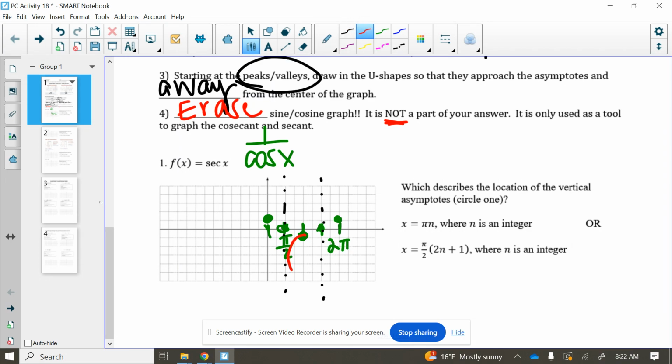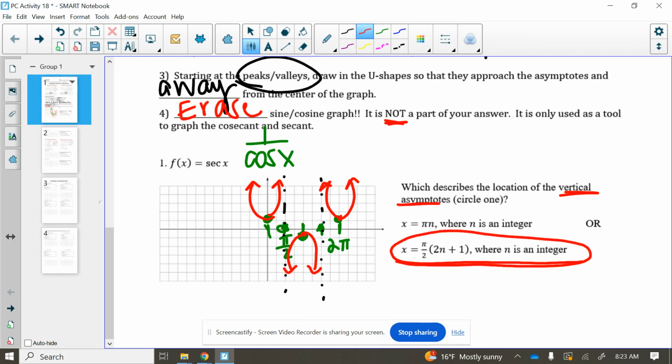Anywhere we see a min or a max, we are going to put a parabola shape, a U, away from the center, so go in that opposite direction. So we see here this sketch of our secant graph. Note that the vertical asymptotes each time are going through pi over 2, 3 pi over 2, 5 pi over 2, aka pi over 2 where it is odd, so 2n plus 1.